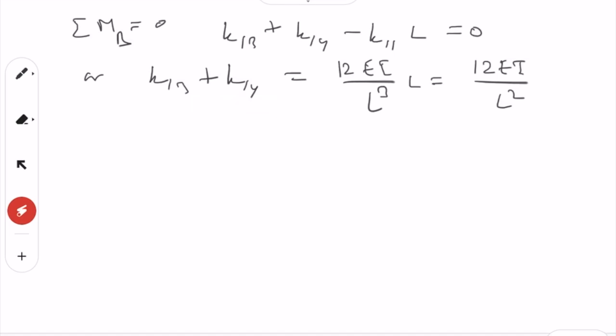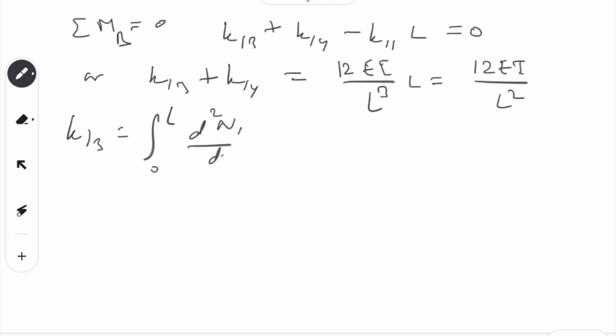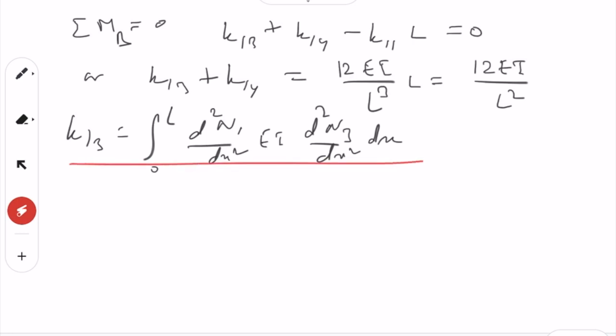So either we can find out K13 as the integral from 0 to L of d square N1 over dx square, EI, d square N3 over dx square, dx, or you can apply the mechanics further.